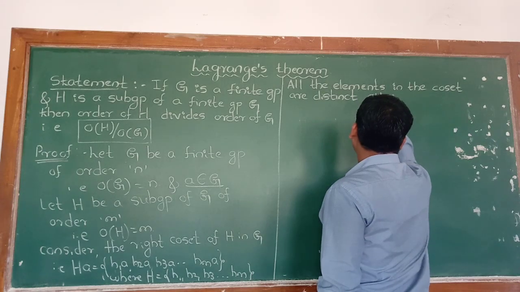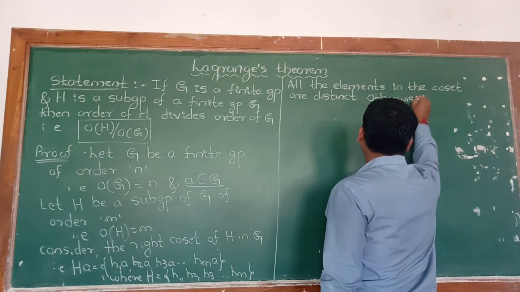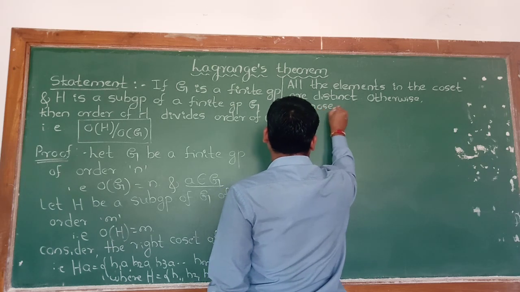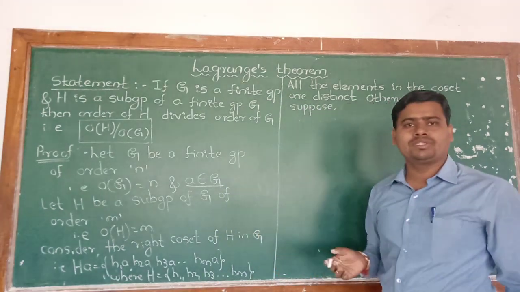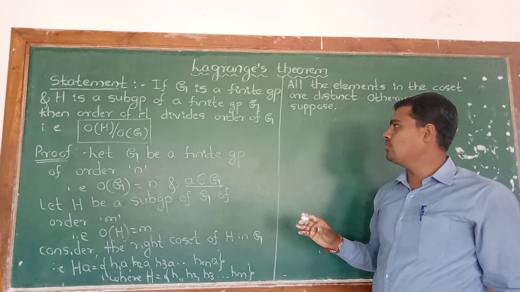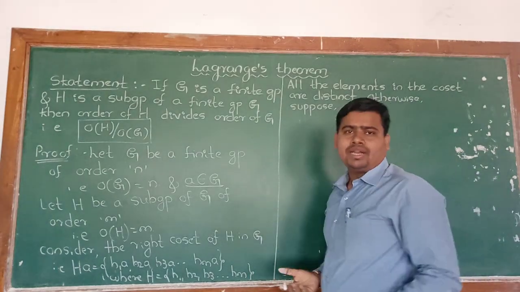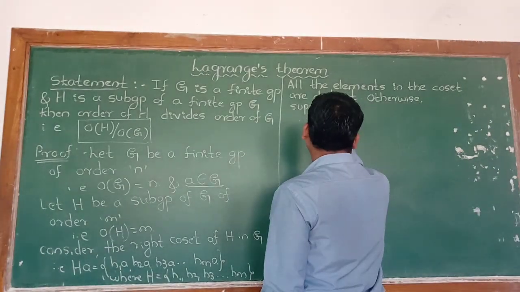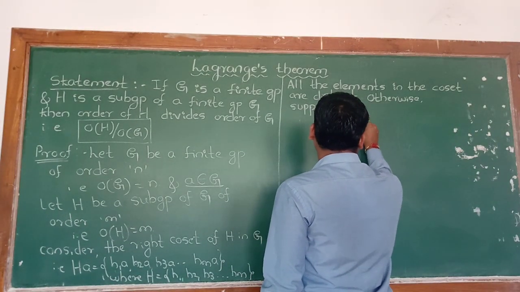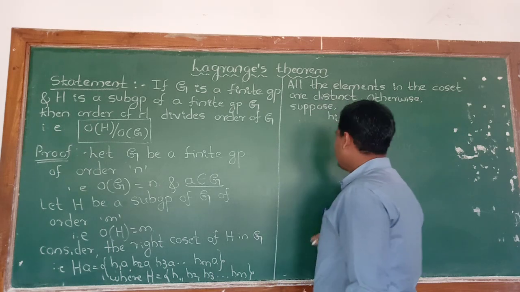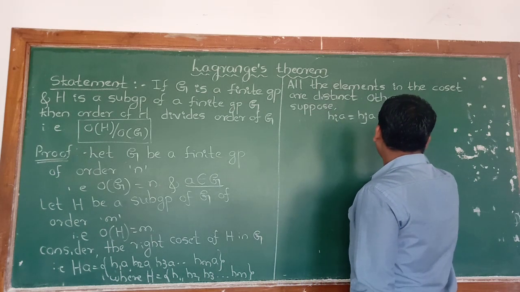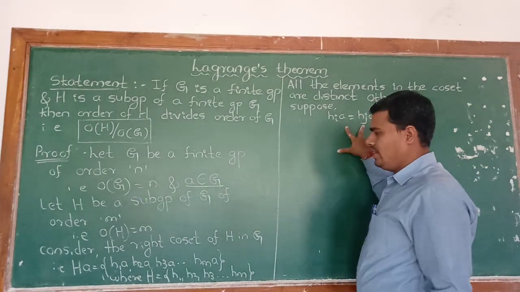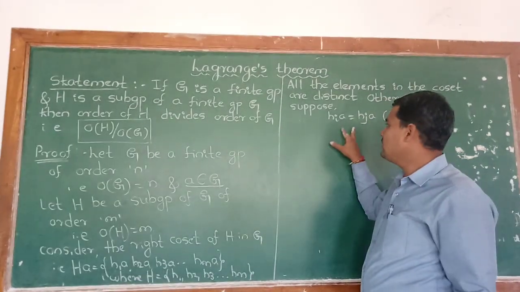Otherwise, suppose any two elements in the right coset are equal. Suppose hia is equal to hja, where i is not equal to j. This is the condition.